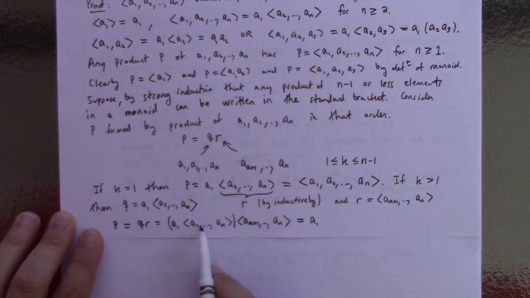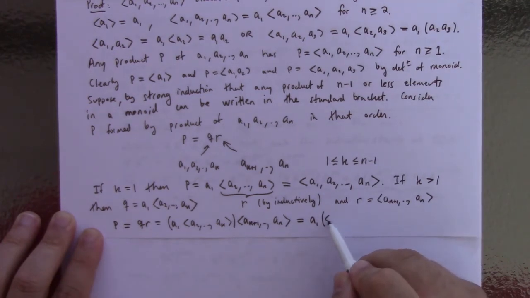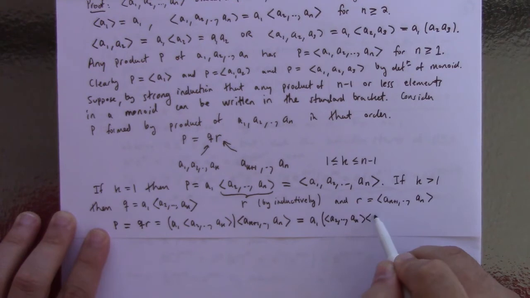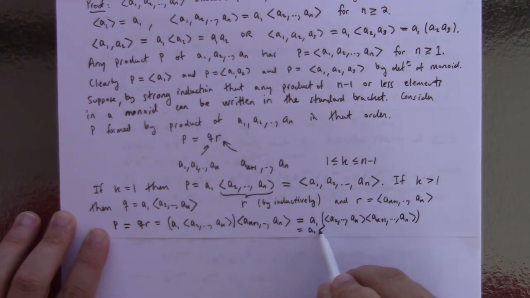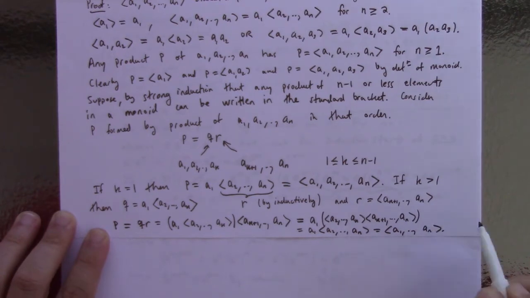This is A times B times C. That's the same as A, which is A1, times B times C, right? But again, by the induction hypothesis, we have a product of n minus 1 things, so we can rewrite that as the standard product, right? And then by definition, that is the standard product of the n things, and there you go.